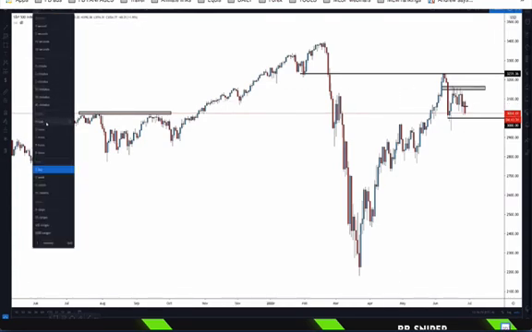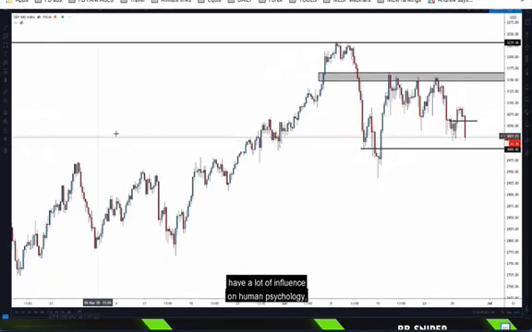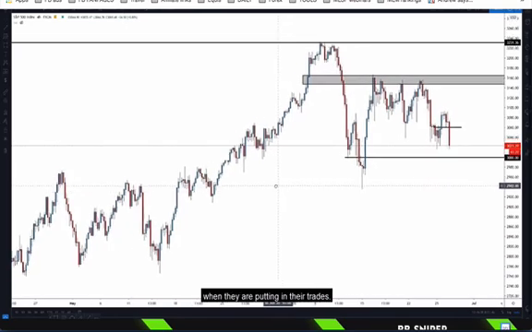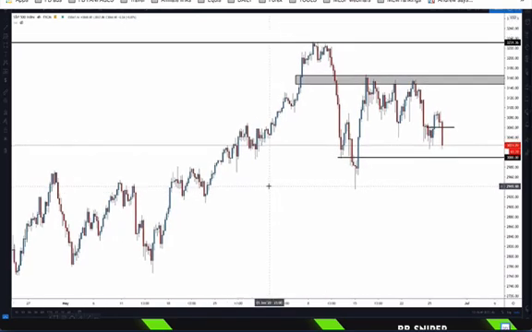Those quarter levels have a lot of influence on human psychology and a lot of influence on the decisions that people will be making when they are putting in their trades. Think of it like this. Is it easier to buy or sell at a whole price such as 3,025?